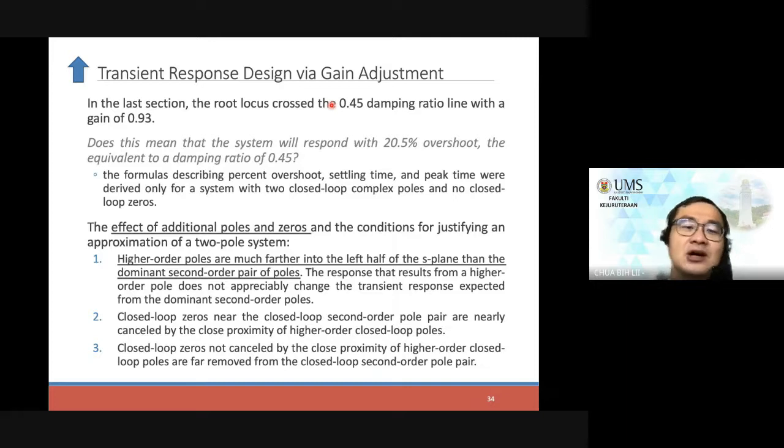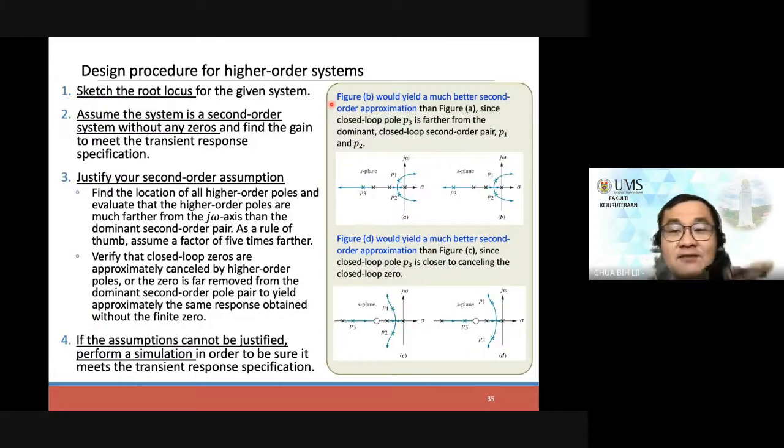But still later on, since nowadays we have computers and simulation software, after you get the K, you just put it into your Xcos or Simulink to simulate it, very straightforward. Previously we may not have this opportunity to quickly do all these things, therefore we have to justify whether it's right or wrong.